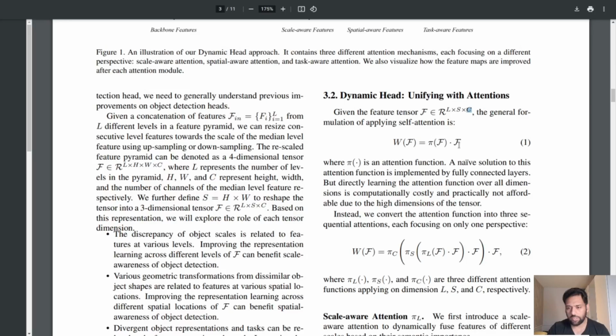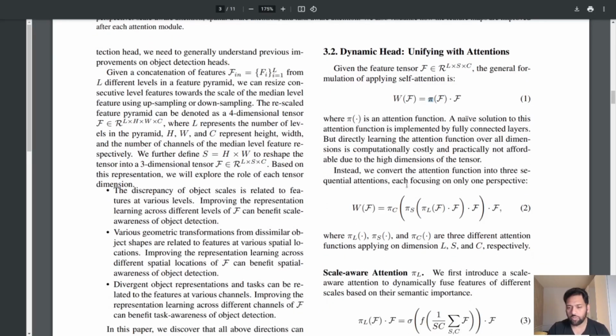They're saying here that we can have self-attention across all these dimensions, and lambda can be self-attention, but this will be very computationally expensive, right? So what they do instead is convert this self-attention into three sequential attentions, each focusing only on one dimension. This is kind of a nested or composite function.